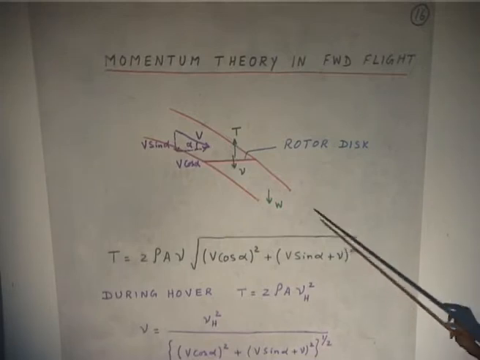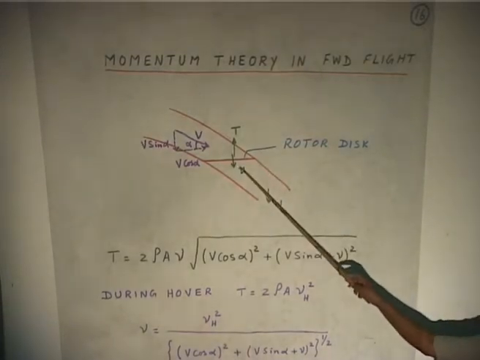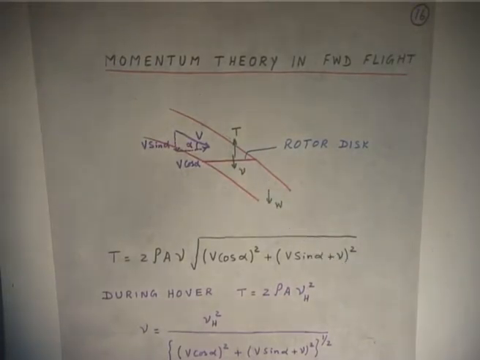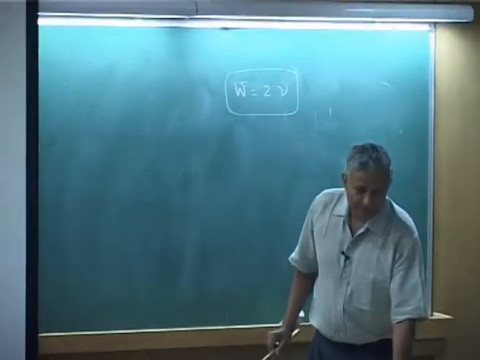Again, simple far field, you take it as w, and momentum theory tells you w is 2 nu. So, whatever happens, the induced velocity at the rotor disc is 2 times that value, that is all. These are all, please understand, extrapolating from hover momentum theory. Okay.